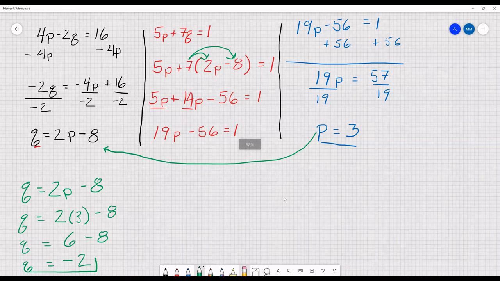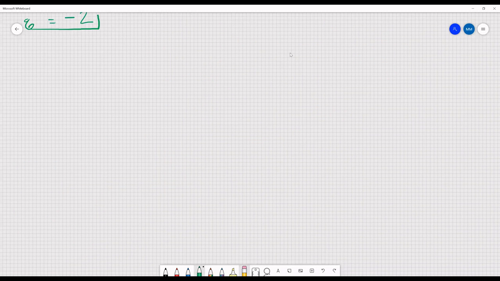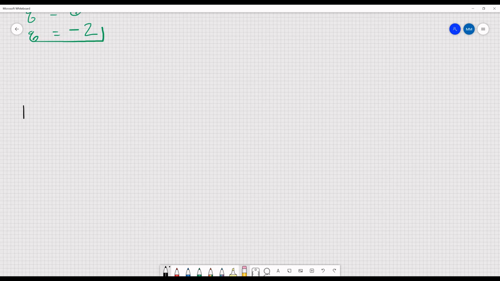Last thing we want to do is check. All right, so our proposed solution here, we believe that p is equal to 3, q negative 2. Our final step is to go ahead and check this in the original system. So my initial first equation was 4p minus 2q is equal to 16.